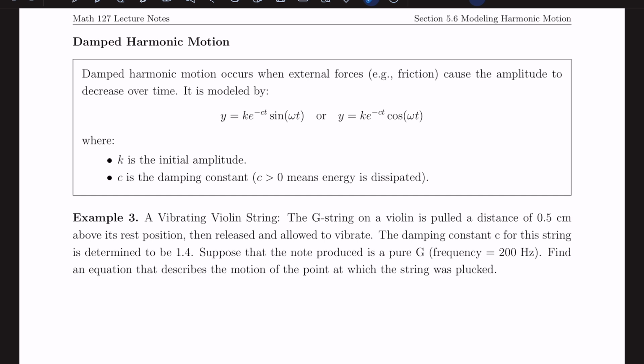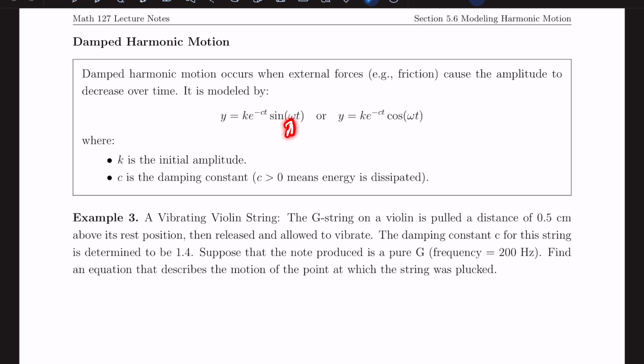Your book uses this K, and so I'm using this K here. I don't love that, but that's what your book uses. We used K for omega before, so they kind of switch out the terms. Just make sure what's up front, that's an amplitude. This is the damping coefficient, right?